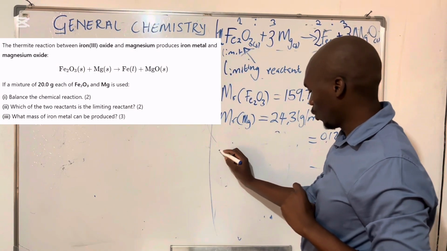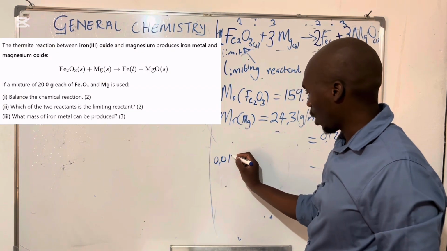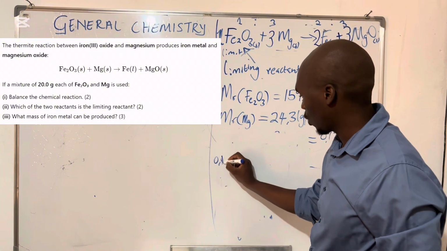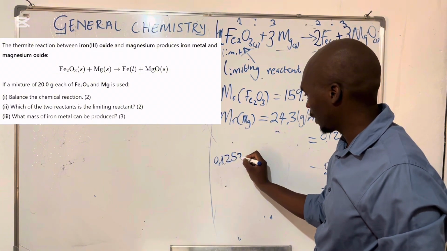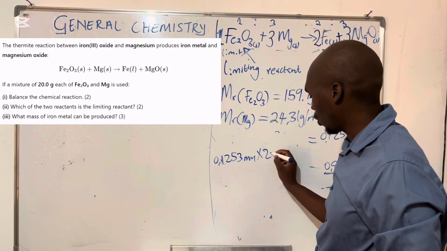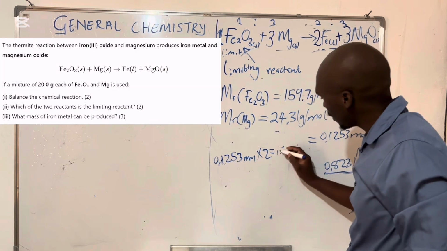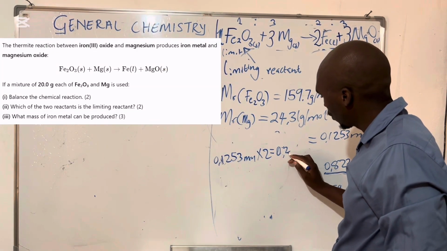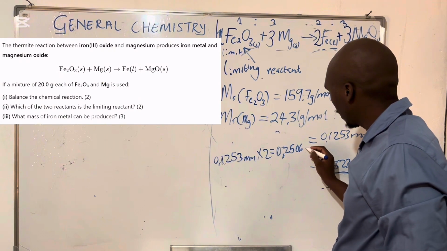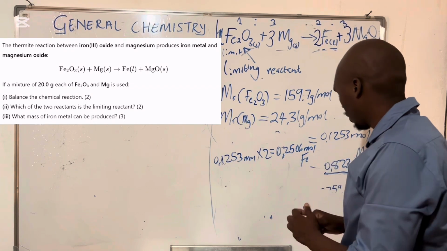So the number of mole is going to be 0,1253 mole multiplied by 2, which will give us 0,2506 mole. This is the mole of Fe that they are talking about.